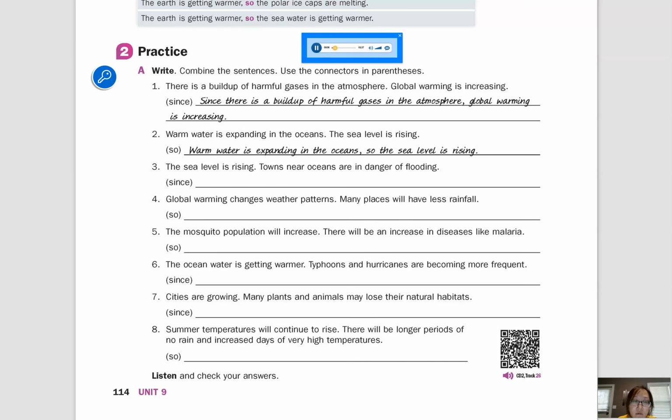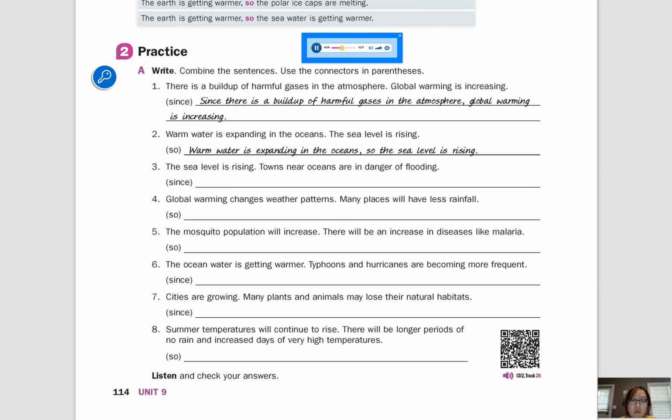1. Since there is a buildup of harmful gases in the atmosphere, global warming is increasing. 2. Warm water is expanding in the oceans, so the sea level is rising. 3. Since the sea level is rising, towns near oceans are in danger of flooding. 4.